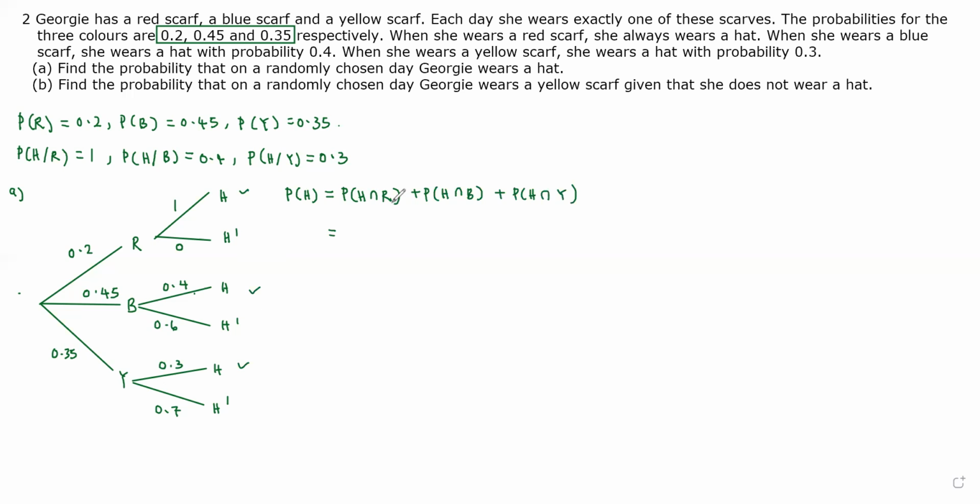Then a hat and red, we have 0.2 times 1. So we multiply the branch probabilities. Hat and blue, we have 0.4 times 0.45.